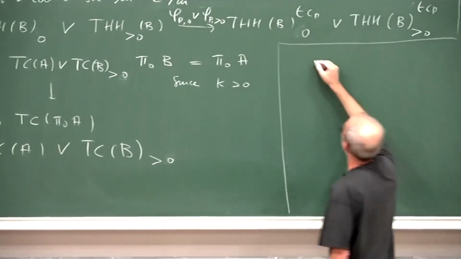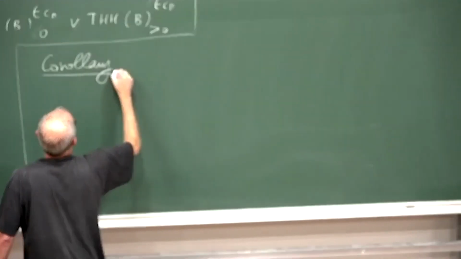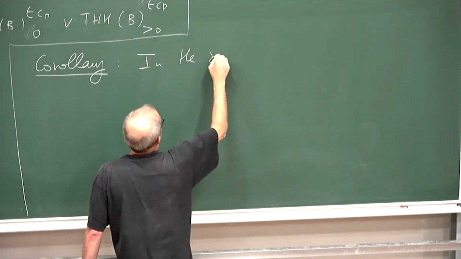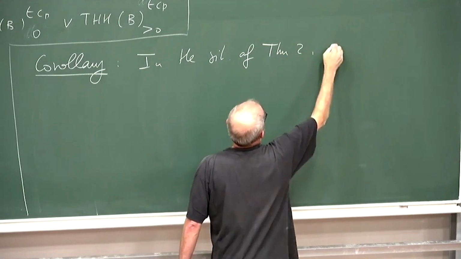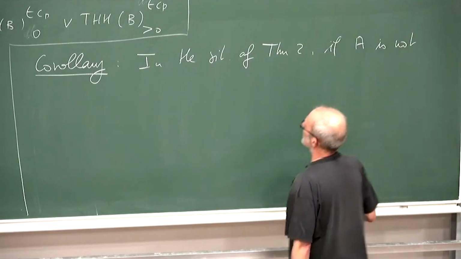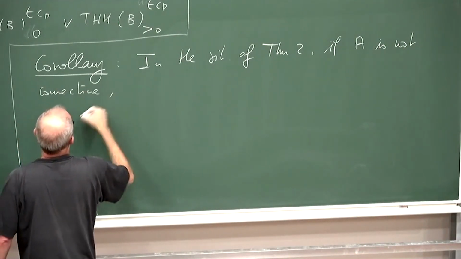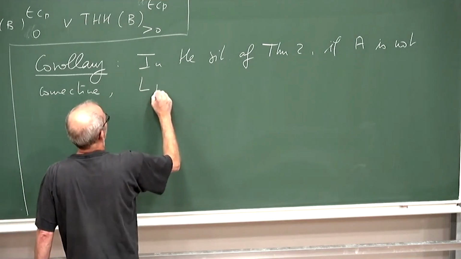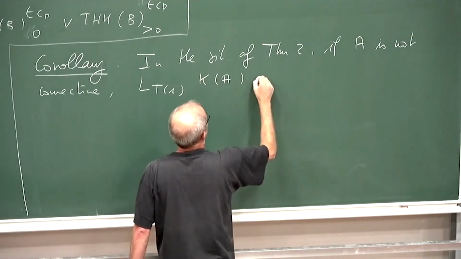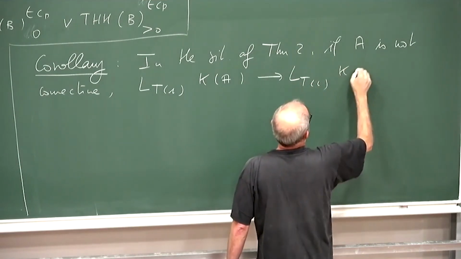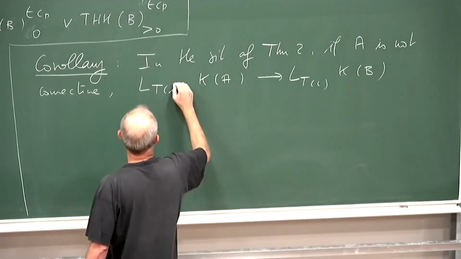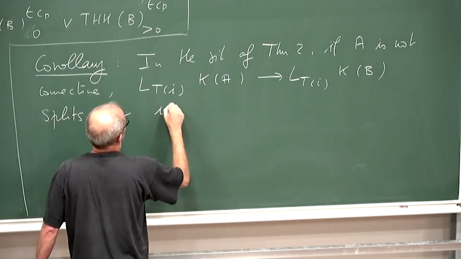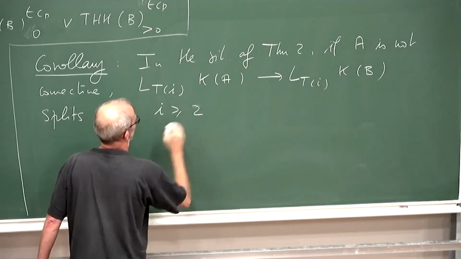So a corollary. In the situation above, if A is not connective, we're going to have that, for E larger or equal to 2.